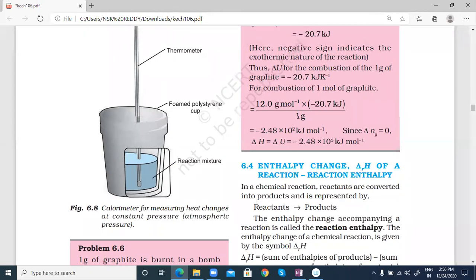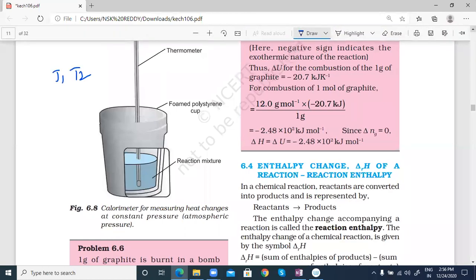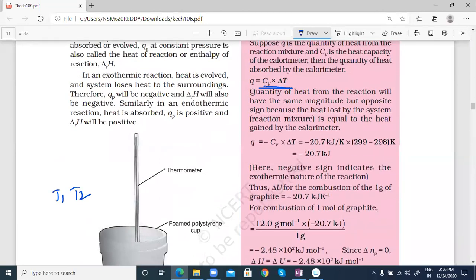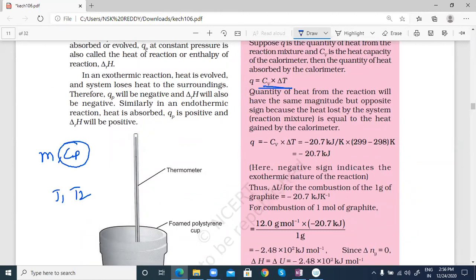Ultimately, how to calculate T1, T2 values only by using this experiment. By using this experiment, you have to calculate only the temperature difference. The remaining mass is constant. Cp or Cv value is also constant for a particular substance. Only delta T changes. By knowing delta T, I can calculate how much heat energy is produced, the Q value.